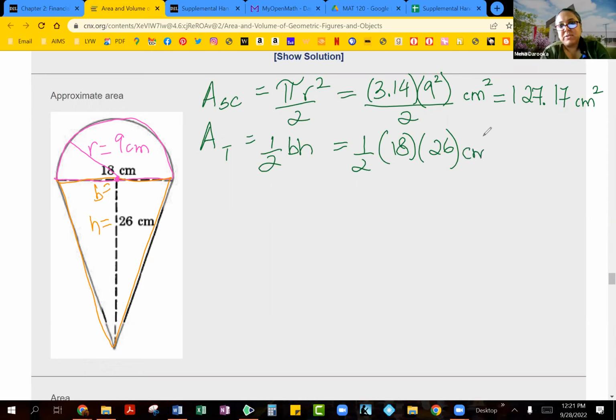And this will also be in square centimeters. Yeah, very nice, Sabrina, Kendall, those answers are perfect. So you will have 234 for the triangle.